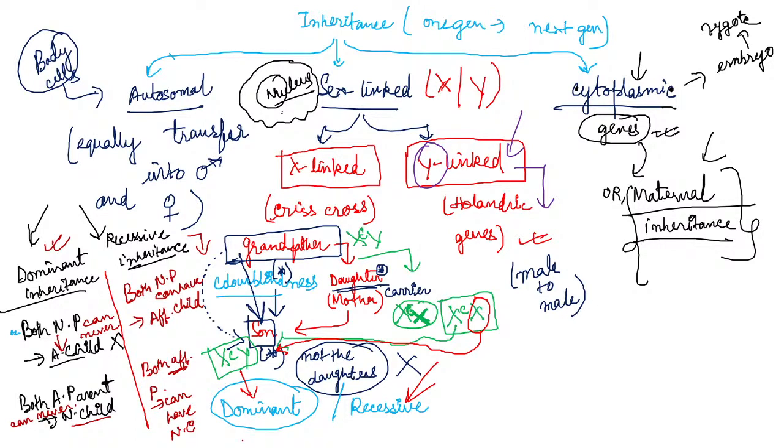So today in this live session we will clear our doubt about what is actually autosomal recessive and what is actually autosomal dominant. So I hope you have taken note of this session. Let's move to the next slide.